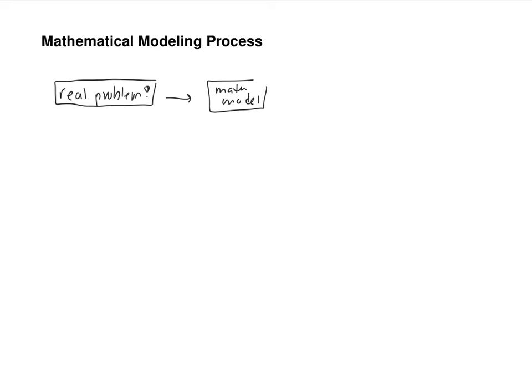Usually the way that you make that mathematical model is you like to graph some data and make some conclusions. Then you draw some mathematical conclusions. And then you're going to do some predictions.